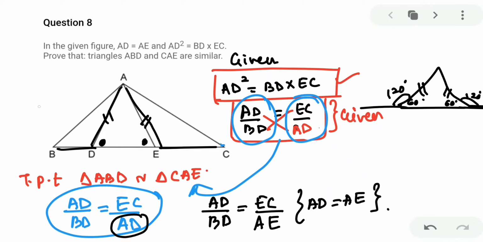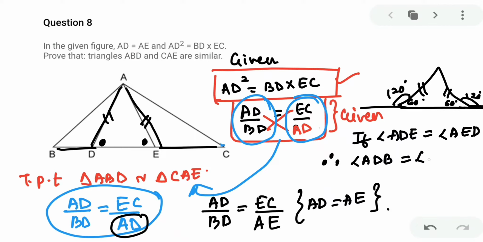So can I say if angle ADE is equal to angle AED, therefore can I write angle ADB is equal to angle AEC? Yes, if the interior angles are equal, so their linear pairs will also be equal.